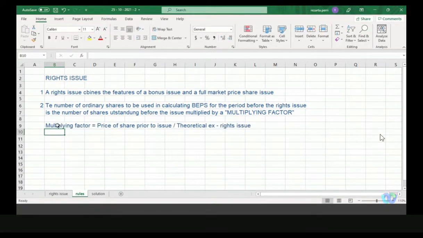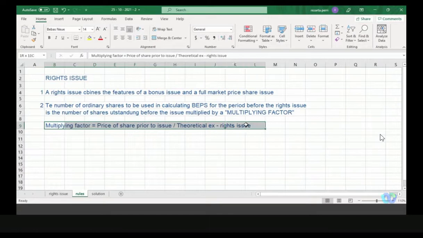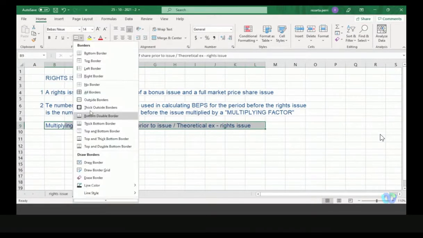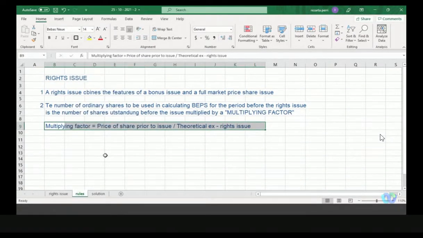So again, the multiplying factor that we use to facilitate all the calculation is not a ratio between numbers of shares like in the bonus issue, but the ratio between the prices of share prior to issue and this theoretical ex rights issue price.